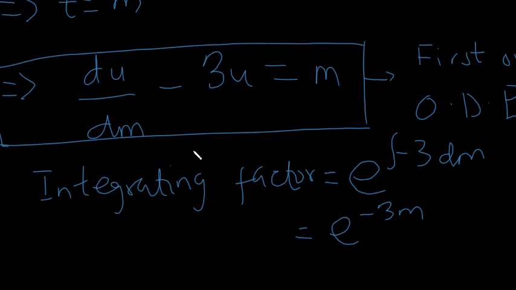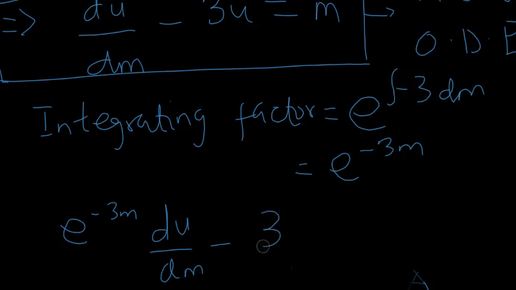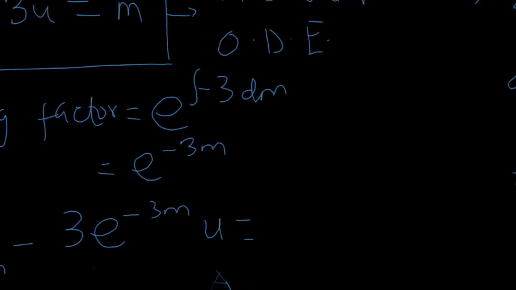So now what we are going to do is multiply each term here by e to the minus 3m. So I have e to the minus 3m du dm minus 3e to the minus 3m times u, that should be equal to m e to the minus 3m.